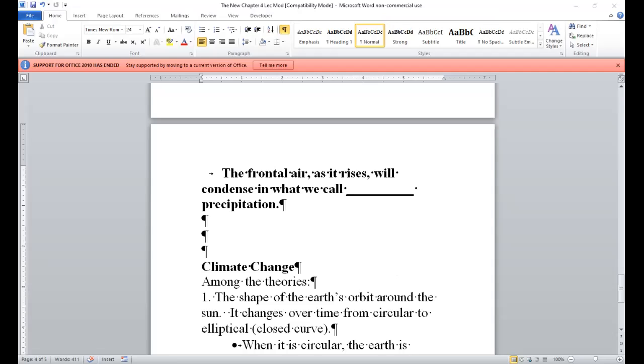Before we get into the last section, climate change, I just want to talk about some special conditions that make places susceptible to tornadoes, hurricanes, smog, or heavy rain. Your lab, as a matter of fact, will address this.